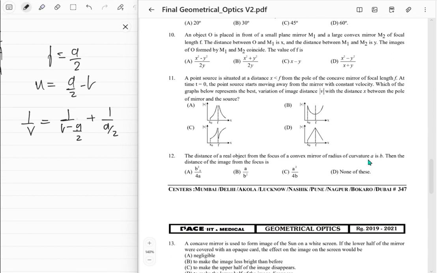This is going to be, calling A upon 2 as F, F upon B minus F. Now that you have this, we just want the V thing. V is just F times B minus F upon B.